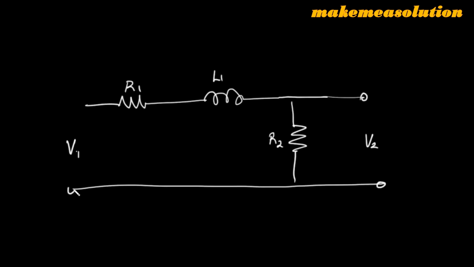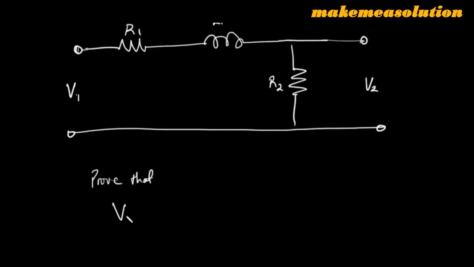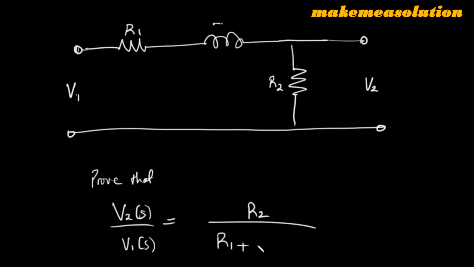Okay, so I want you to be able to prove that V2 of S divided by V1 of S is the same thing as R2 divided by R1 plus SL plus R2.